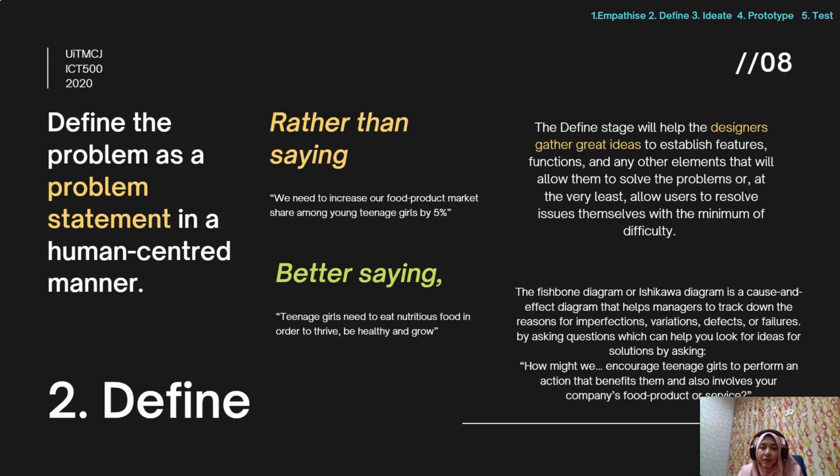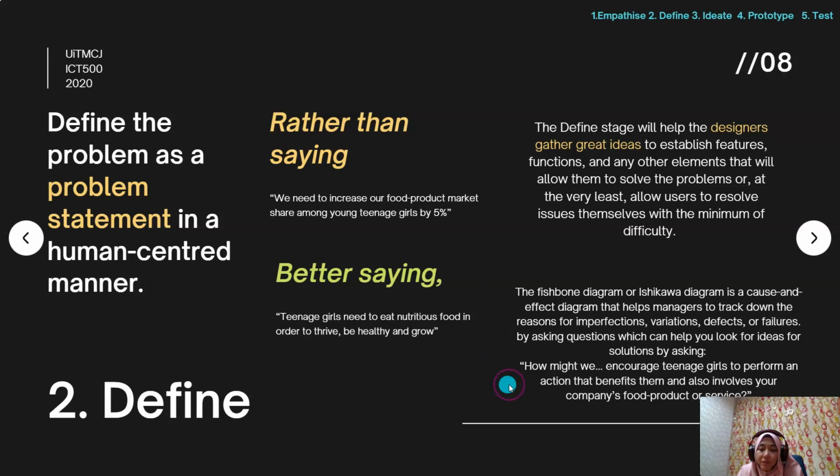In this stage we need tools. In our syllabus we propose the fishbone diagram, or Ishikawa diagram. It is a cause and effect diagram used to track down the reasons for the problem.